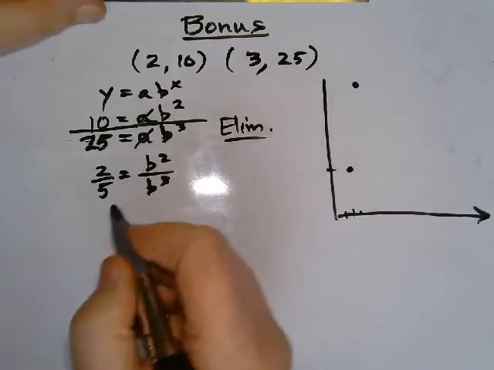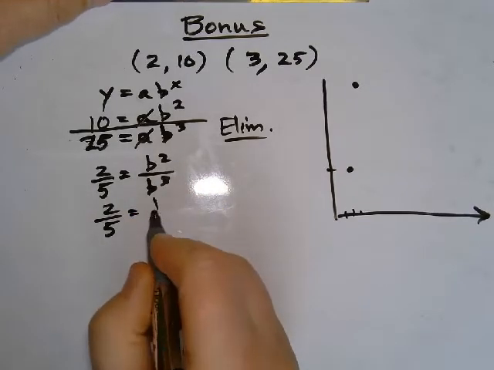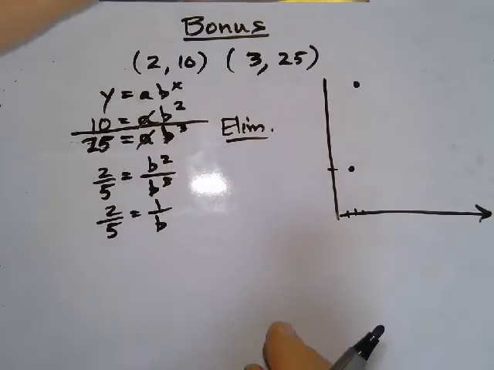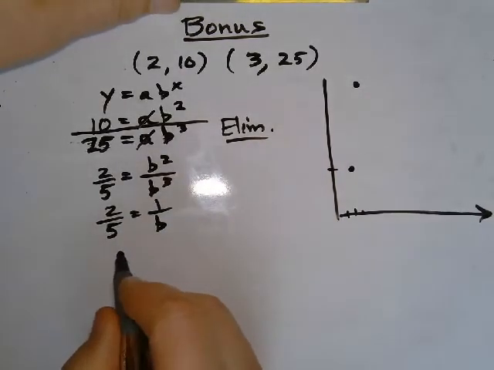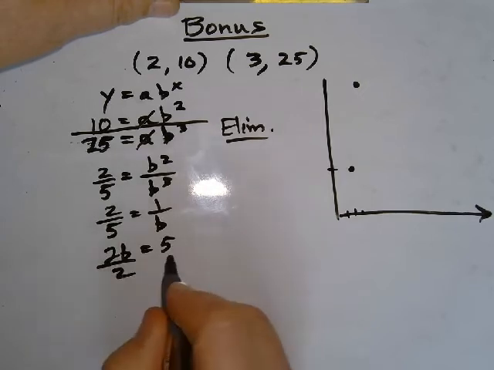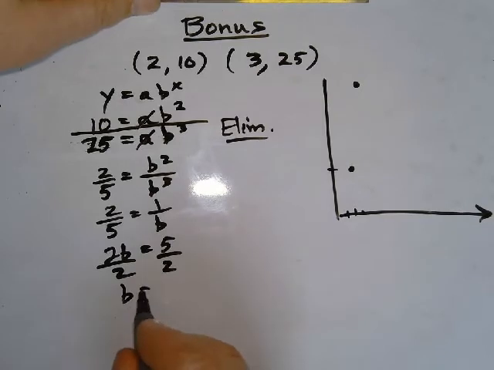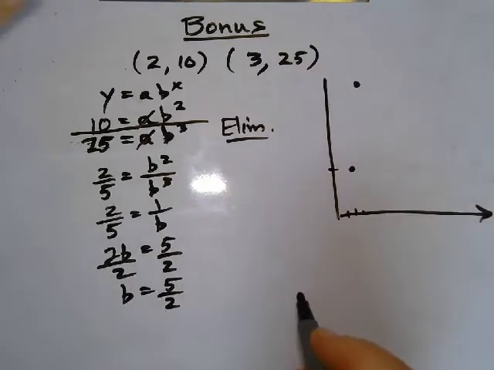And now, if we simplify this, we got 2/5 equals, canceling here, I get 1 over B. So let's cross multiply. 2B equals 5, and dividing by 2, we see that the base is 5/2, or 2.5. So it is growth. It's a growth equation. And we eliminated the letter A.